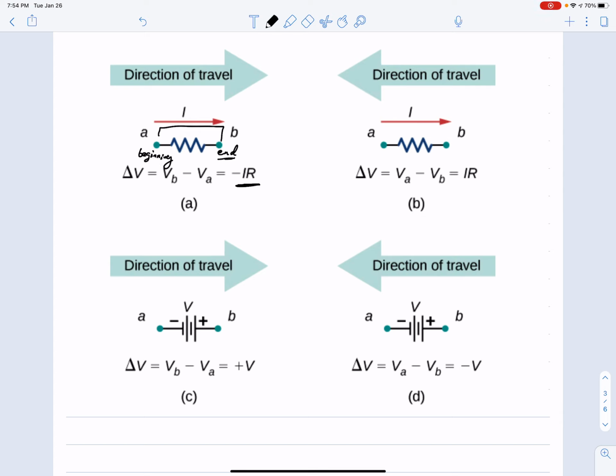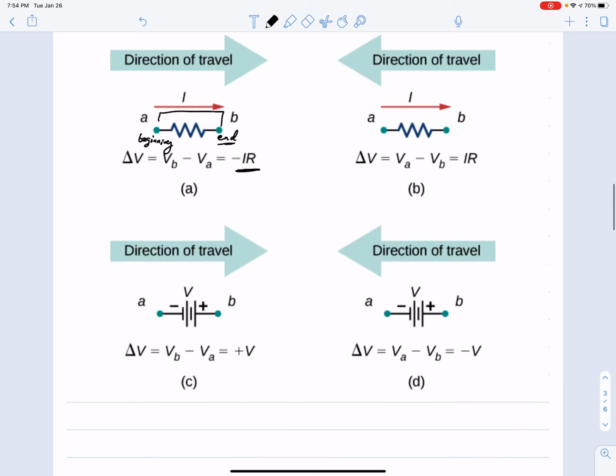That's how you usually do a change in electric potential. You do the end first minus the beginning to get that change. It is the same thing going on here.